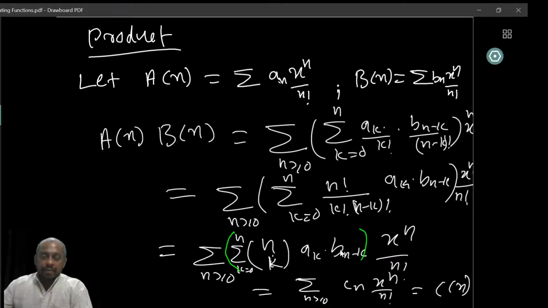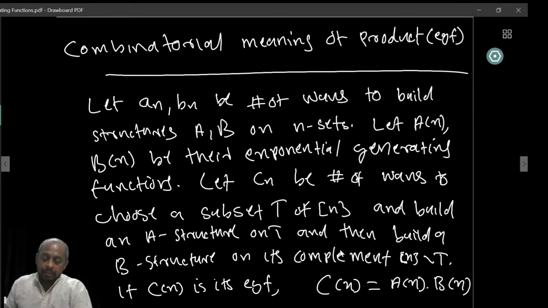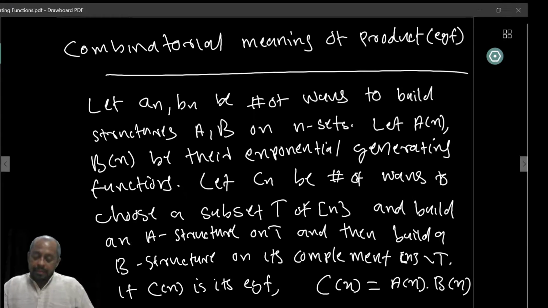If you look at the term inside, one can try to see, like we did in the case of the ordinary generating function, what happens there. So here is the combinatorial meaning of the product of exponential generating functions. Let a_n and b_n be the number of ways to build two types of structures, let's say combinatorial structure A and combinatorial structure B, on n-element sets.